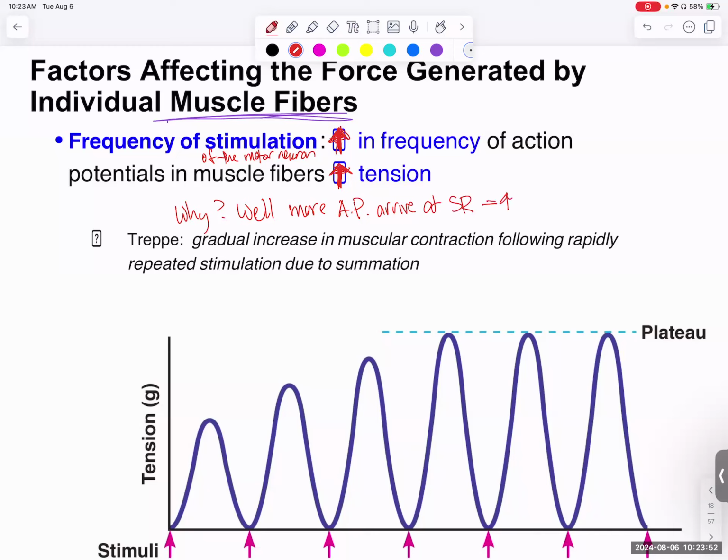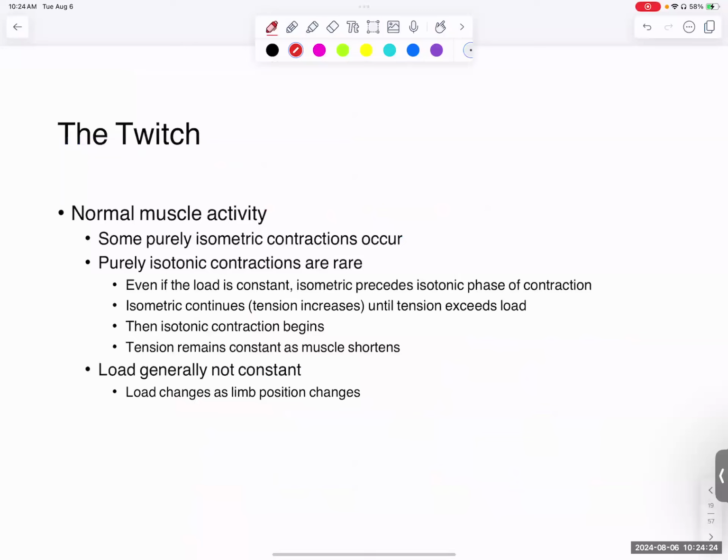It's going to equal more calcium released, which equals more sites for myosin heads to bind, which is going to equal more cross bridges, right? So the more calcium's out there, the more cross bridges form, and that is due to the frequency of action potentials arriving at the sarcoplasmic reticulum.